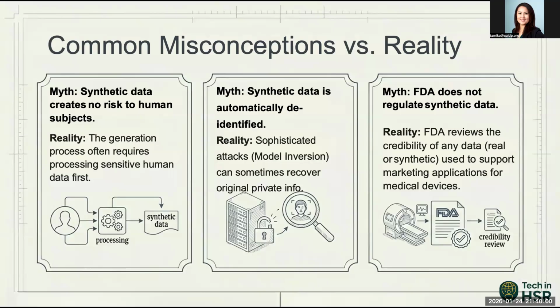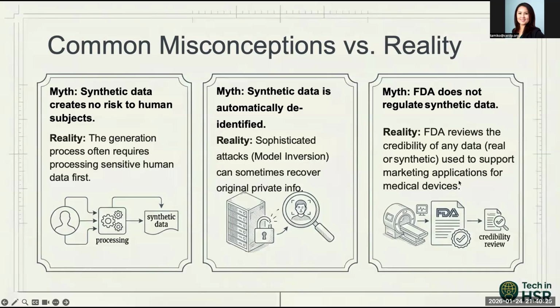So, it's best to avoid using synthetic data sets as a loophole for FDA submissions or hoping that you don't have to go through the IRB. The takeaway is that none of these myths are universally true, and relying on them can actually lead to more problems down the line.